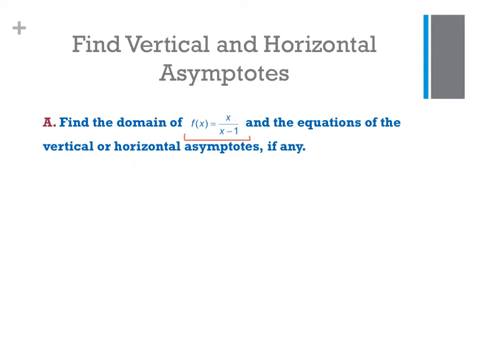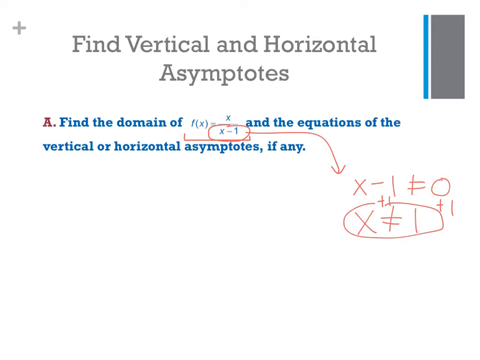Since it's a fraction, I know that x minus 1 cannot equal 0. Because the denominator can never equal 0, that implies that x cannot equal 1 if I add 1 to both sides. So since x cannot equal 1, the domain of my function is negative infinity to 1, union 1 to infinity.